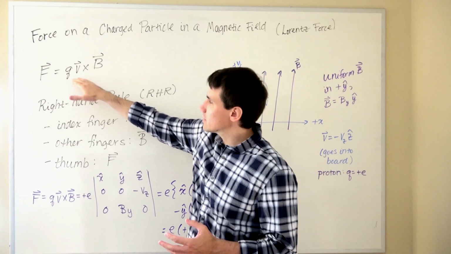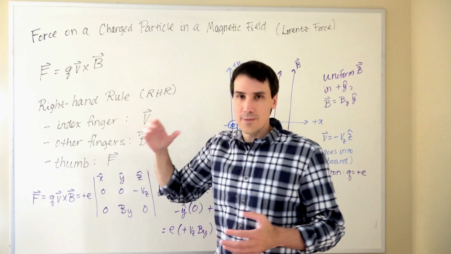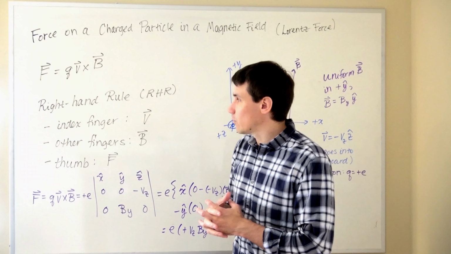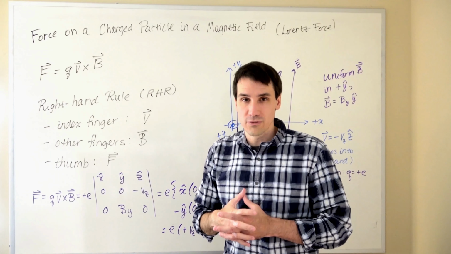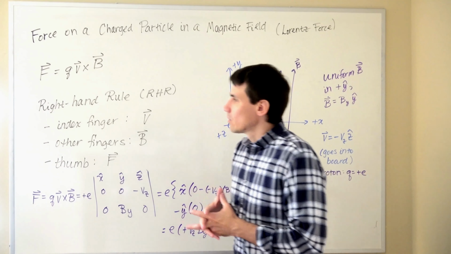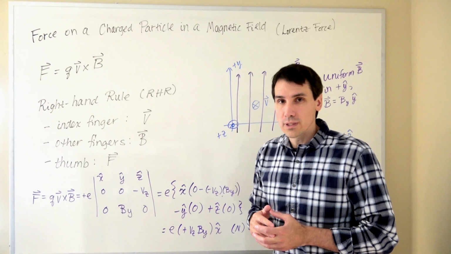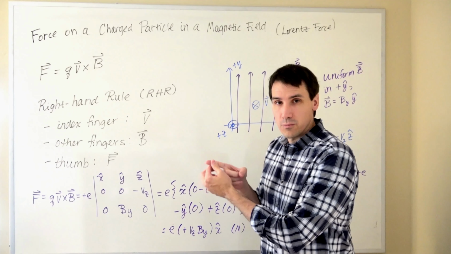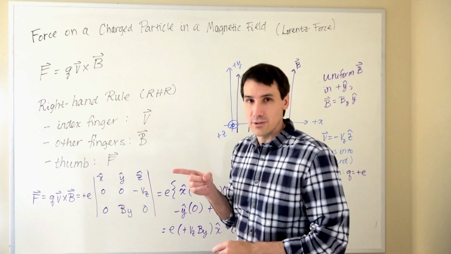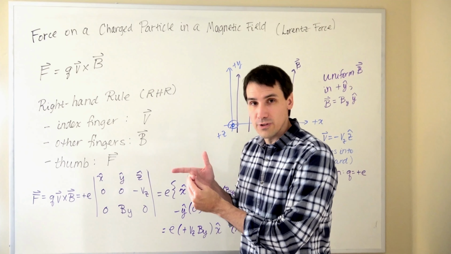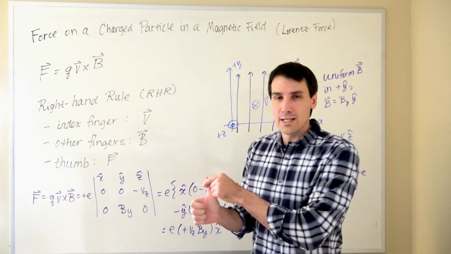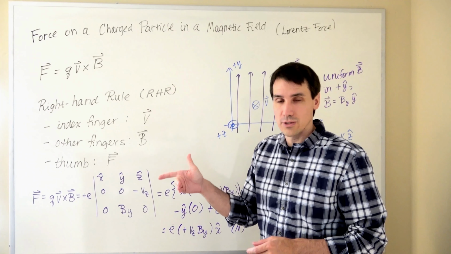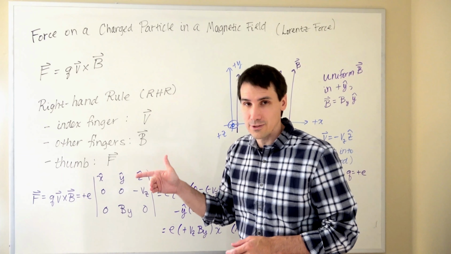First, it looks like we have a nice cross product here, and therefore we should be able to use the right-hand rule in order to find the direction of the force. So remember that our right-hand rule is that our index finger points in the direction of the first vector in the cross product, our other fingers point in the direction of the second vector in the cross product, and our thumb points in the direction of the resulting vector.